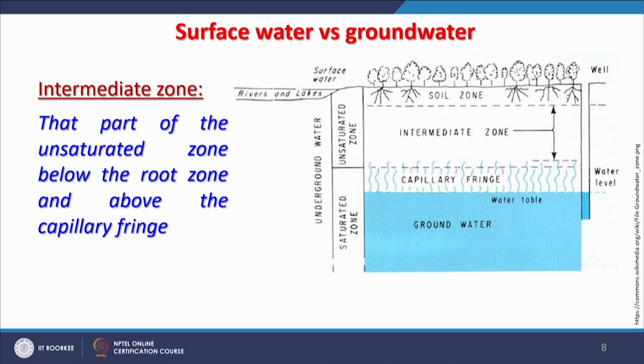There might be, in some situations, an intermediate zone. The intermediate zone, if we would like to define it, is that part of the unsaturated zone below the root zone and above the capillary fringe, and as shown here, this is the intermediate zone. Roots are shown also, and above this are the capillary fringes. In all setups, it is not necessary that we have an intermediate zone.